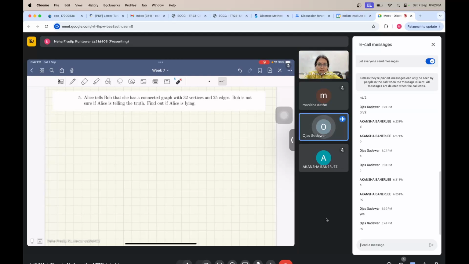Ma'am, Alice is saying that she has a connected graph. So it can't be that she has 32 vertices and only 25 edges in a connected graph. So Alice is lying. Exactly. Good. So the key to this is the word connected.